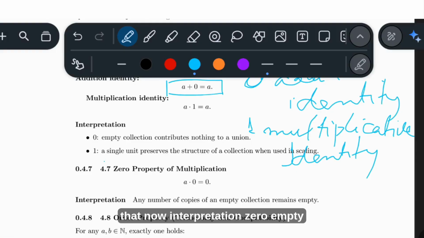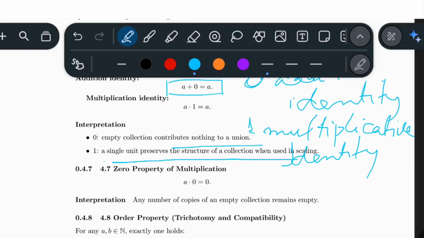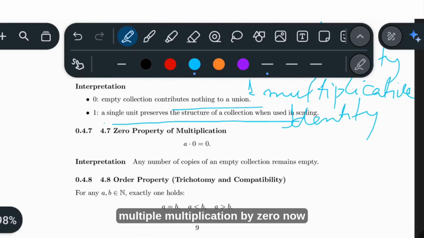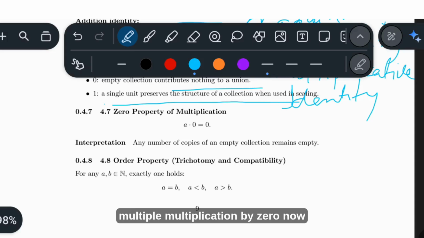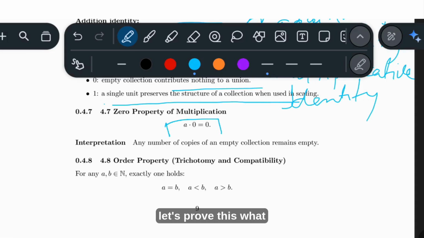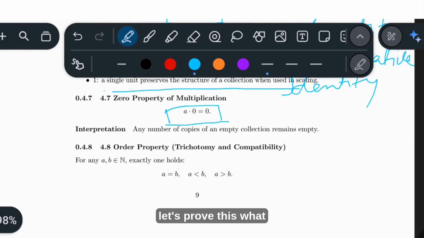Interpretation: zero, the empty collection, contributes nothing to the union. Multiplication by 0. Now let's prove this. What does it mean by multiplication by 0?